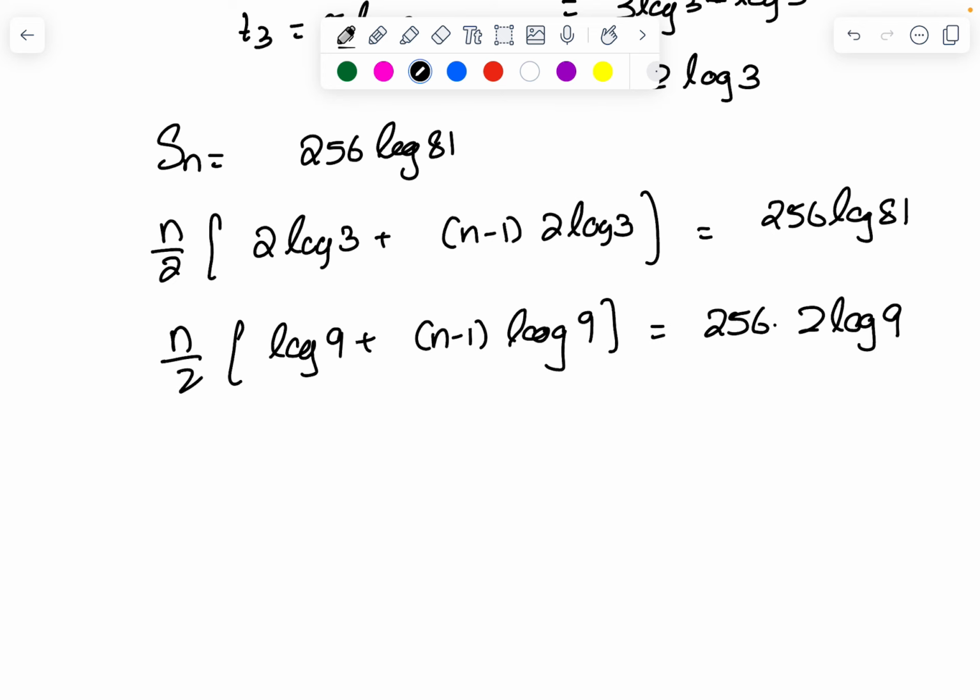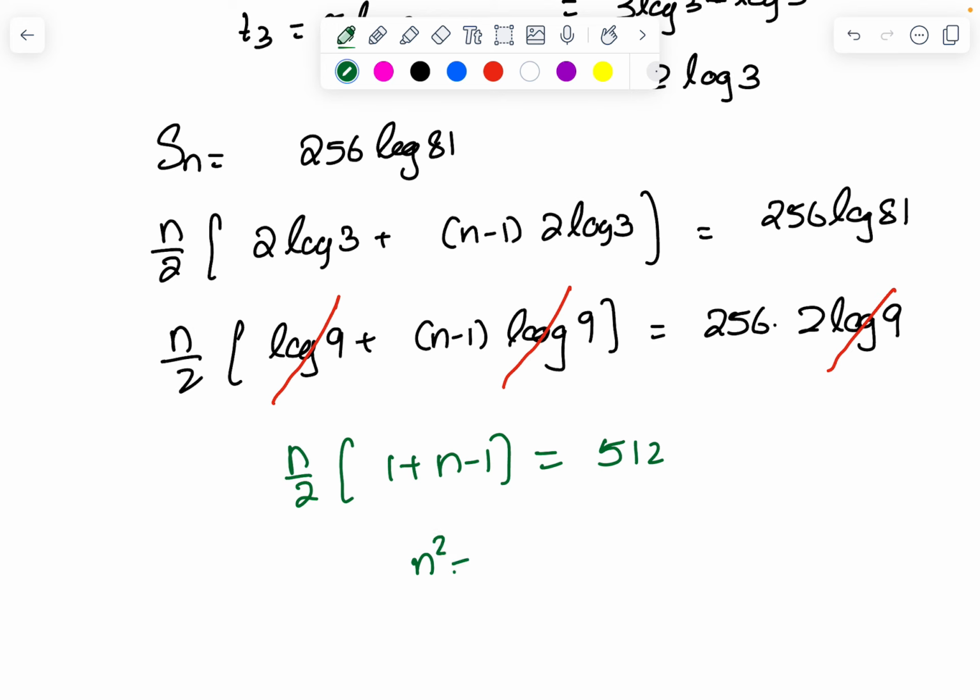Log 81 is 2 log 9. So that log 9, log 9, log 9 can be cancelled. So what am I left with? N upon 2 times (1 plus n minus 1) equals 512. So n square equals 1024. N equals square root of 1024, which is 32.